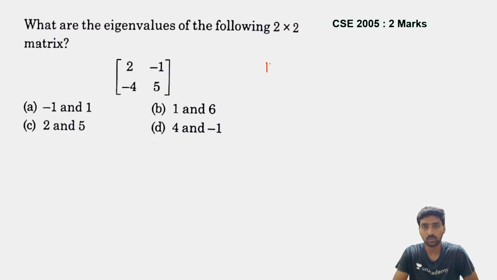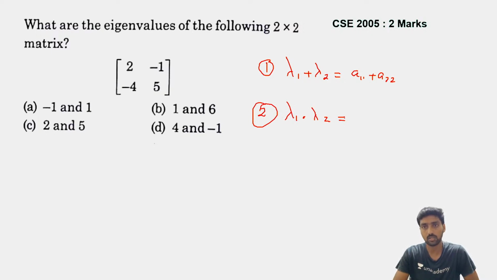Property number 1: the sum of the eigenvalues is equal to the sum of the main diagonal elements, that is A11 plus A22. Property 2: the product of the eigenvalues, lambda 1 into lambda 2, is equal to the determinant of the matrix. Now, the sum of the eigenvalues 2 plus 5 is equal to 7.